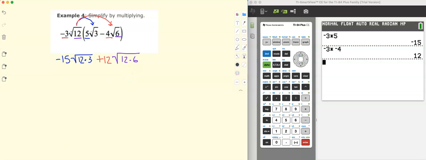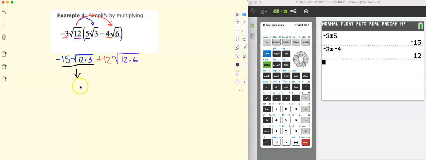So since it's already semi-done for me, let's see what happens. So right now, I cannot really add these together because their radicands, the number under the radical, are not the same right now.